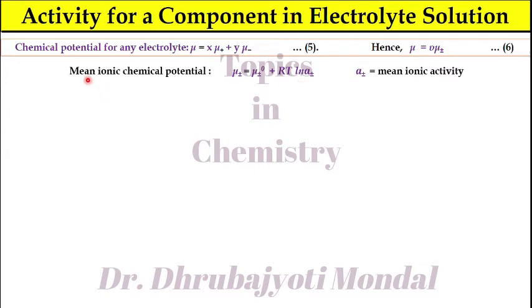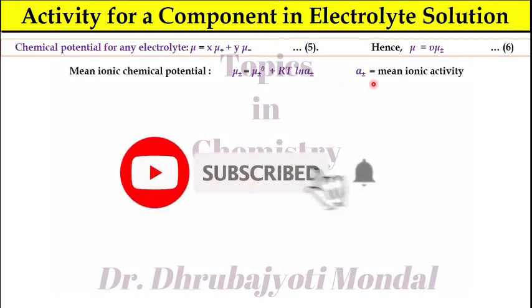Now mean ionic chemical potential mu plus-minus is equal to mu plus-minus 0, the standard mean ionic chemical potential, plus RT ln a plus-minus. Now you can see a new term here, a plus-minus, which is equal to the mean ionic activity.